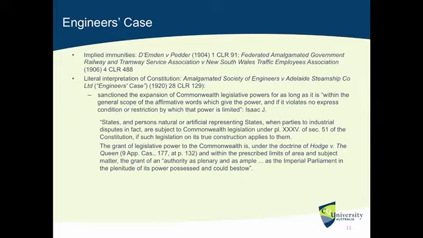D'Emden versus Pedder, the High Court ruled that it was not permissible for a state law to require Commonwealth public servants to affix a stamp duty on receipts that would acknowledge their salary payments.